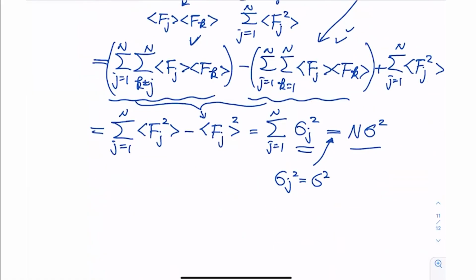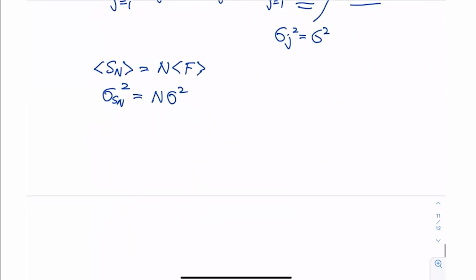Let me summarize what we just got. The mean is just the mean of our random variable, times n. And the variance is just n sigma squared. Now we can define the relative standard deviation.